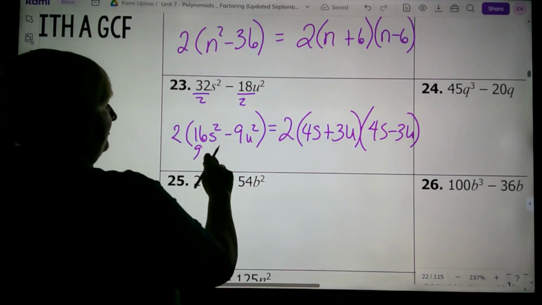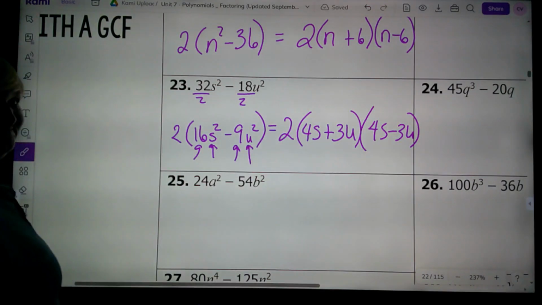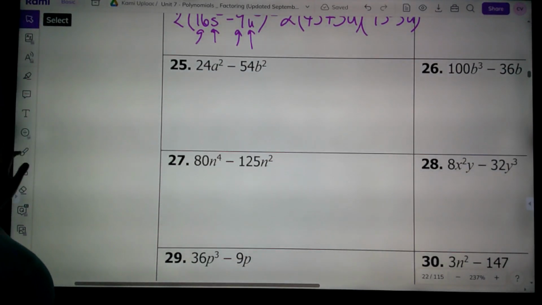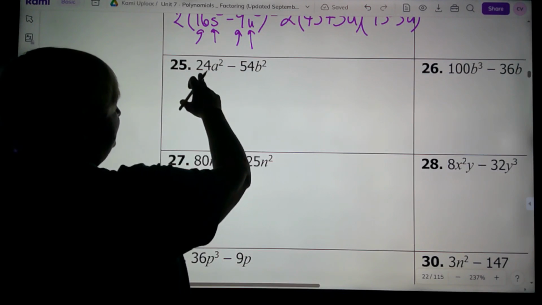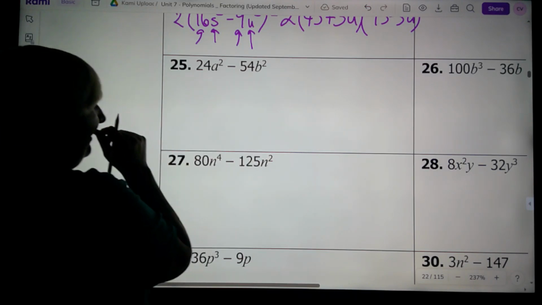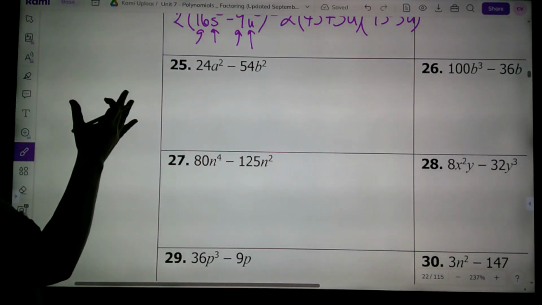Perfect square, perfect square. Greatest common factor, no variables in common.